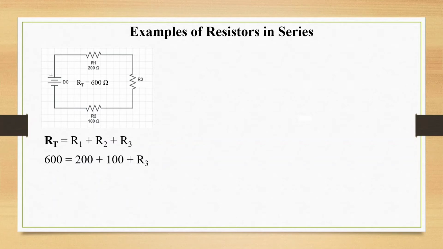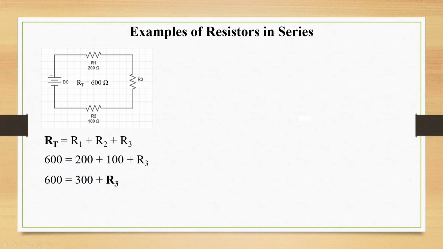The total resistance is 600, so we have 600 equals R1, which is 200, then R2, which is 100, and then R3. Then perform the operation: 200 plus 100 is equal to 300. So 600 is equal to 300 plus R3.